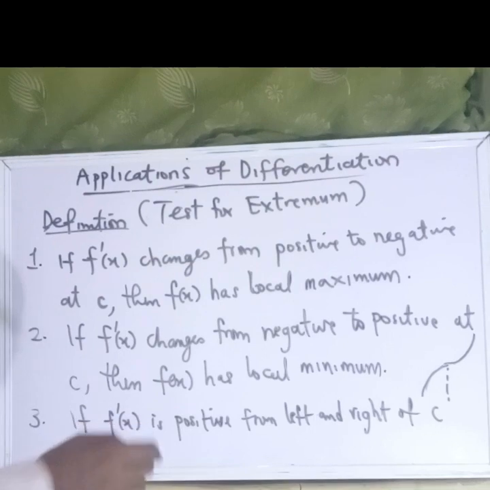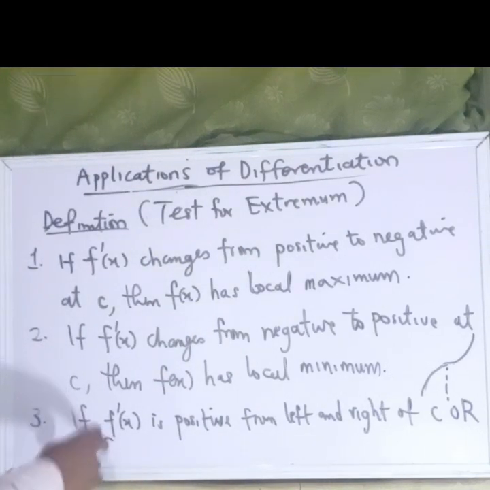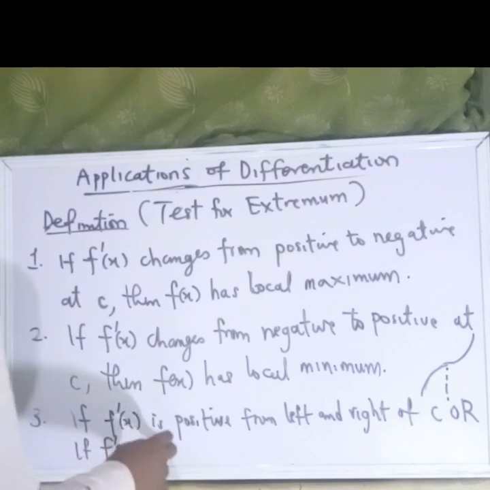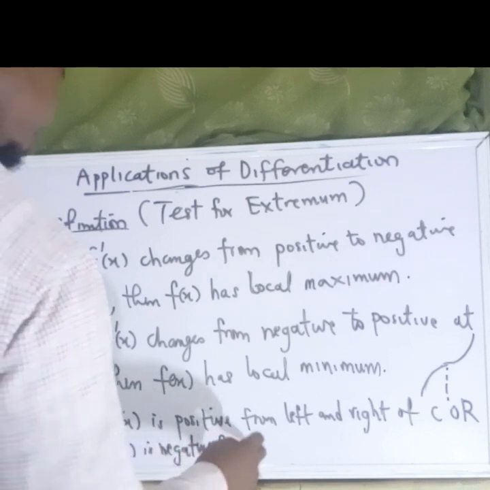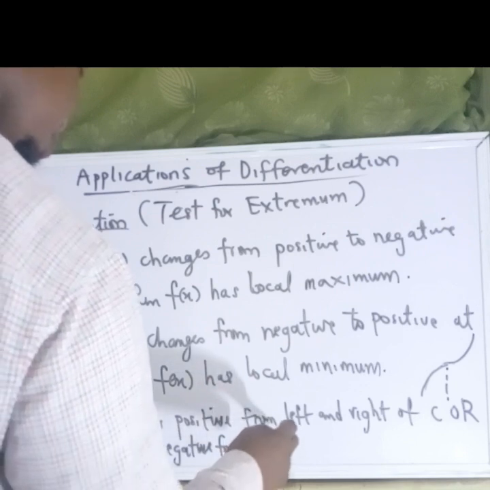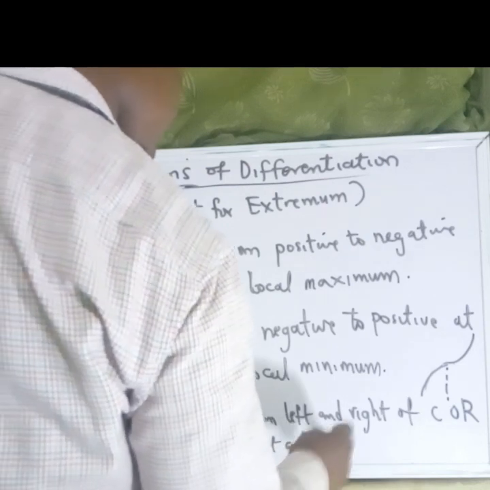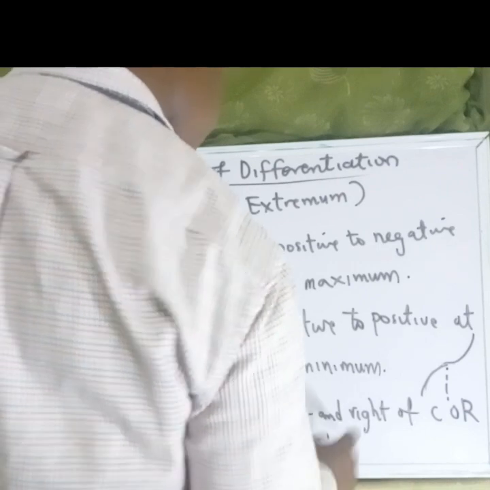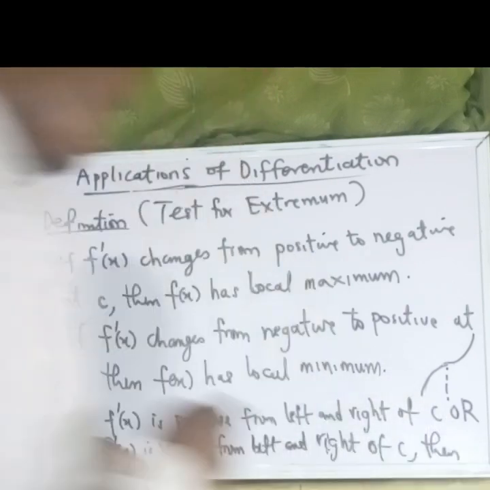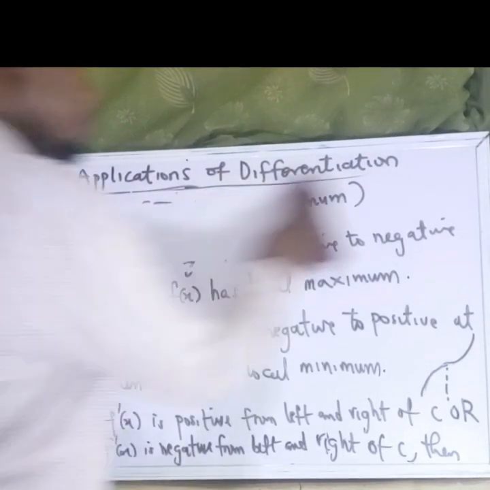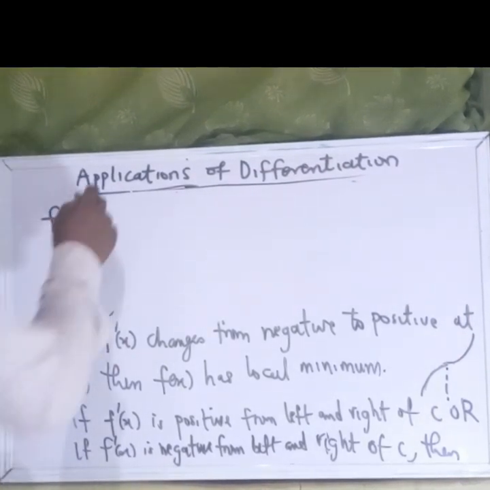Okay, so this notion is true, or if f prime of x is negative from both left and right of c, okay, then f of x has neither.